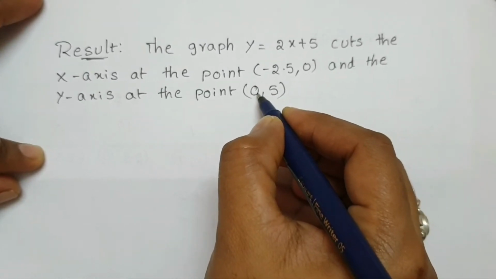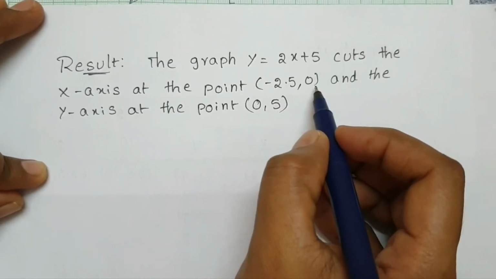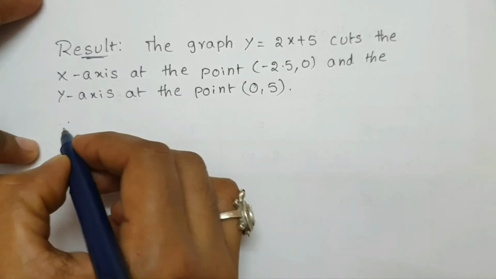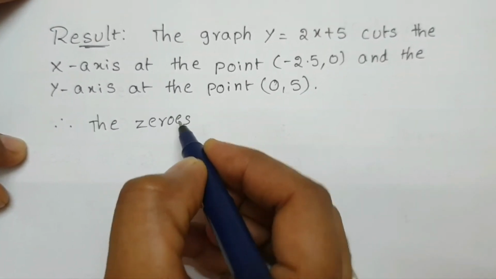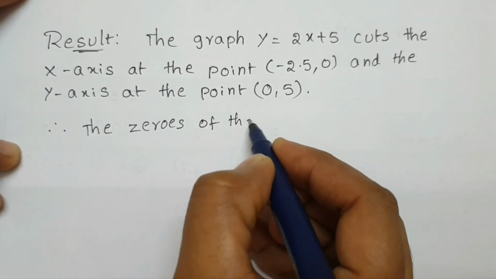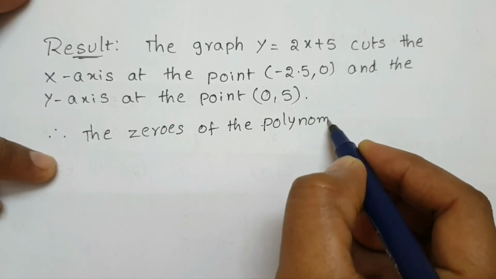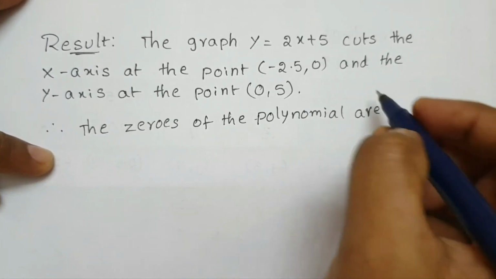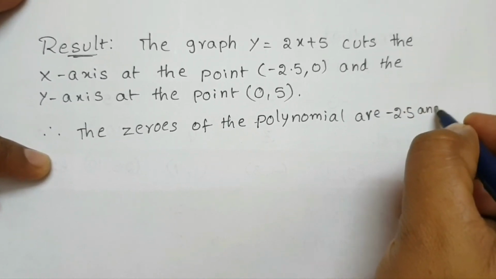So the x ordinate is 0 and y ordinate 5 for one point, and x ordinate minus 2.5 and y ordinate 0 for the other. These are the two intersection points. Therefore, the zeros of the polynomial are minus 2.5 and 5.